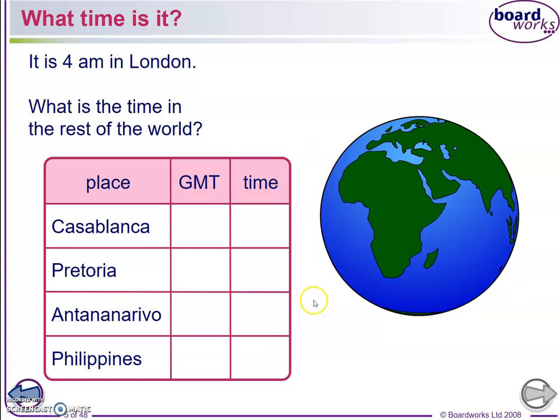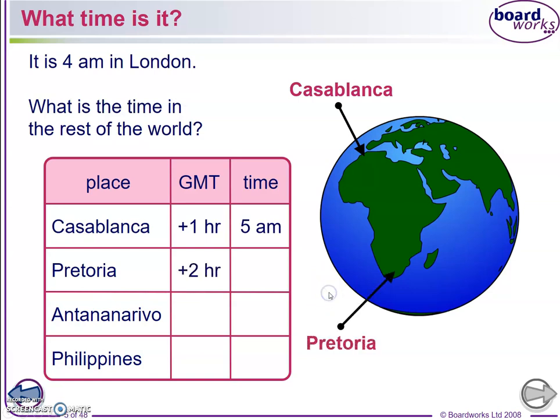Well, in different parts around the world, depending on where we are in relation to London, we are going to see the following. So Casablanca is plus 1 hour from London. Therefore, it is going to be 5 a.m. Pretoria in South Africa is plus 2 hours. So if it's 4 a.m. in London, it's going to be 6 a.m. in Pretoria.